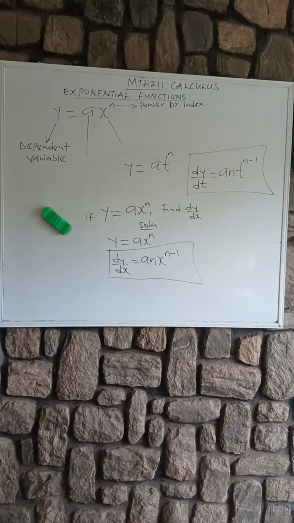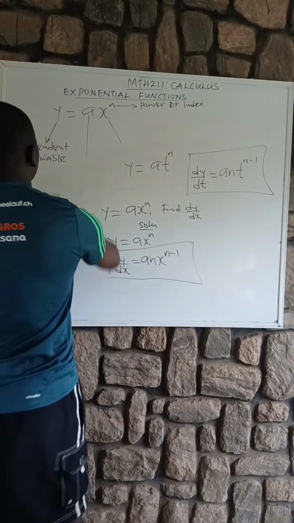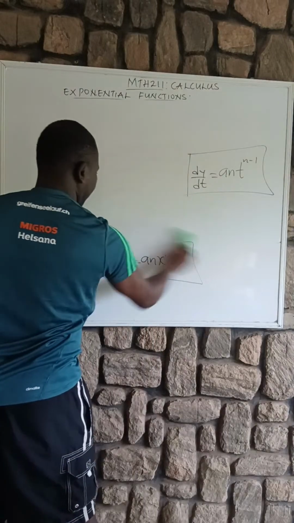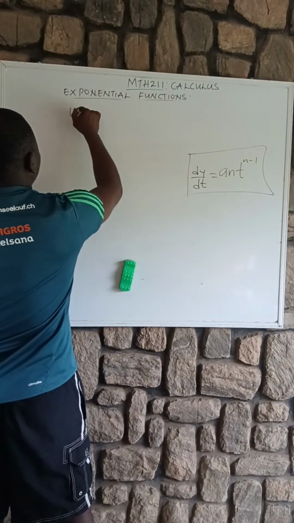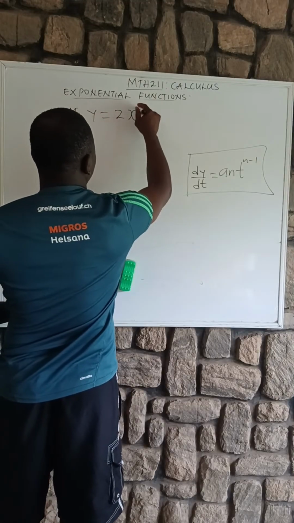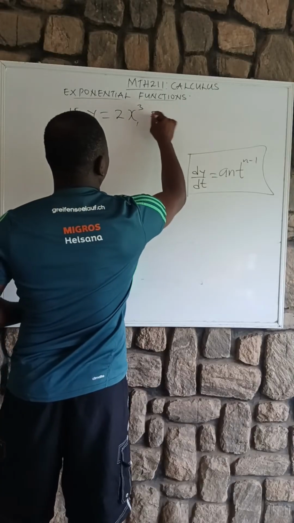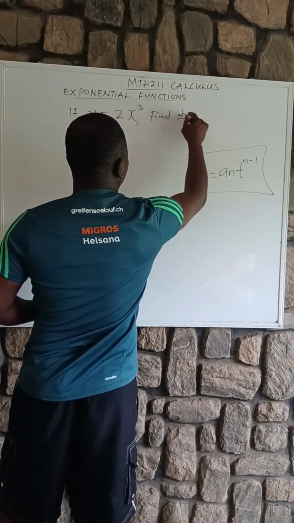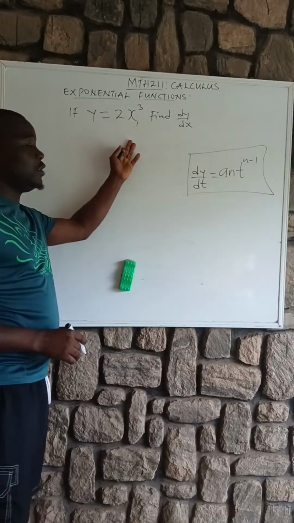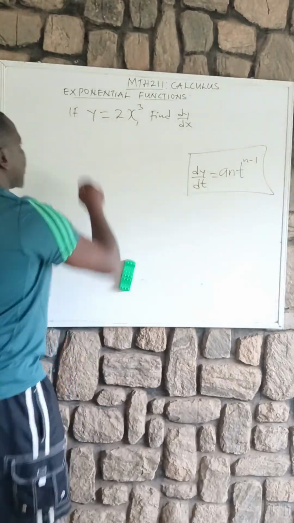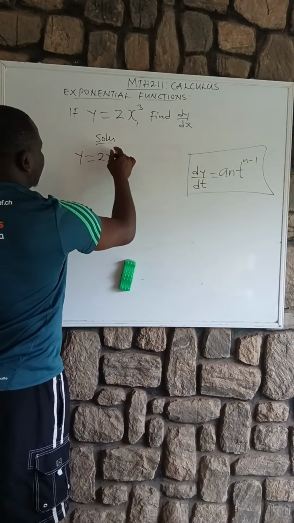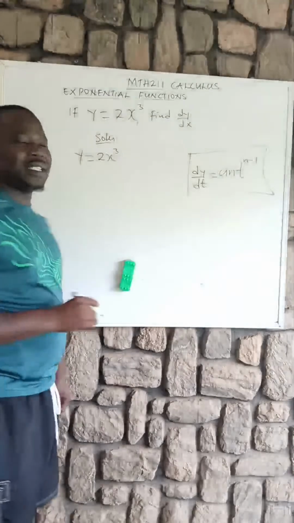Okay, so let's proceed. Let's fix the idea with one or two examples, then we'll move further. If y is equal to 2x raised to the power of 3, then find dy over dx. You don't need a prophet to tell you, you just apply the formula. Solution: y is equal to 2x raised to the power 3.